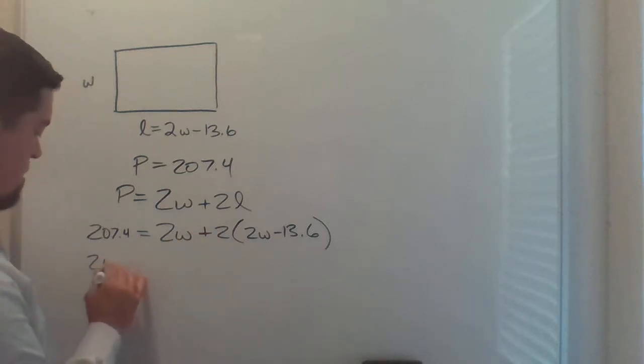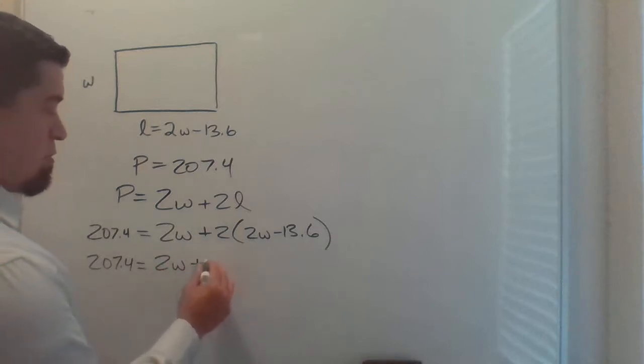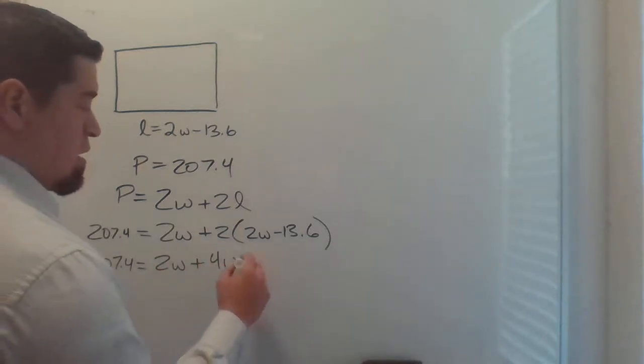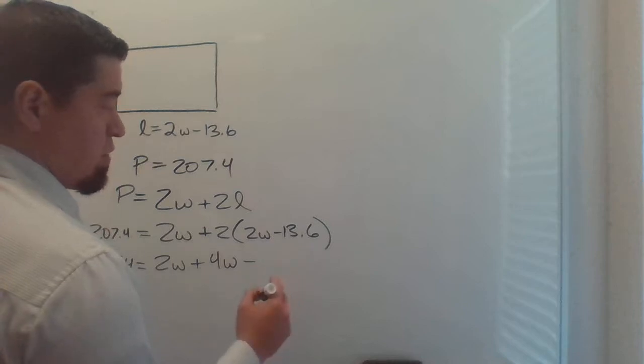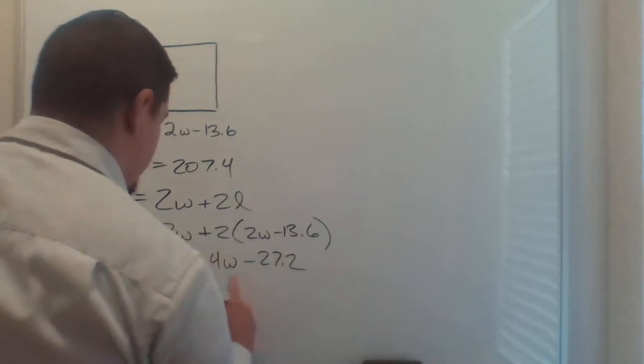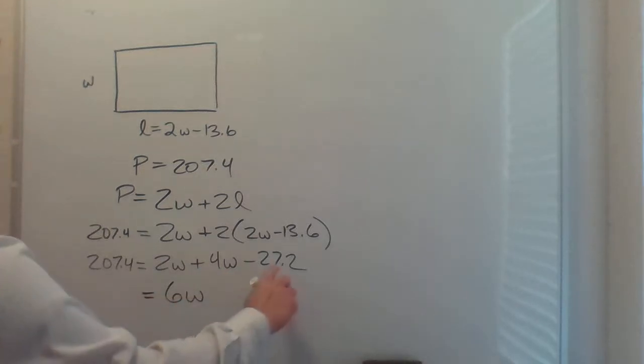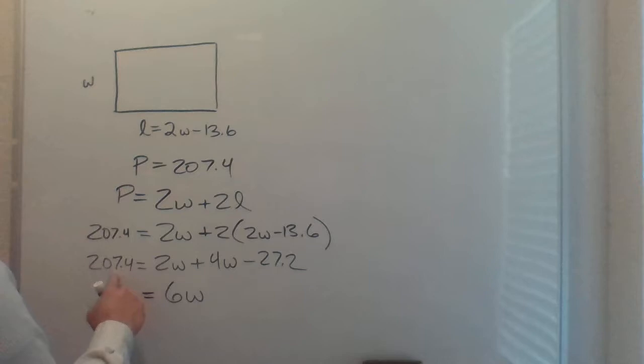So if I work through this, I get 2W plus 4W, and 2 times 13.6 is 27.2. Combine your W's, you get 6W. I'm going to add 27.2 here as well in one step, so that'll be 234.6.